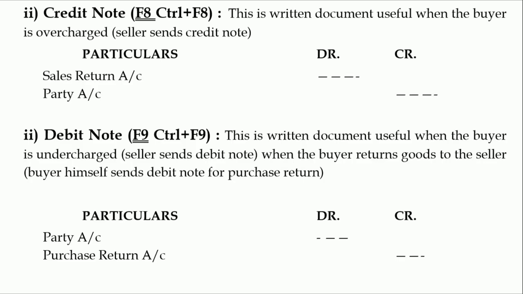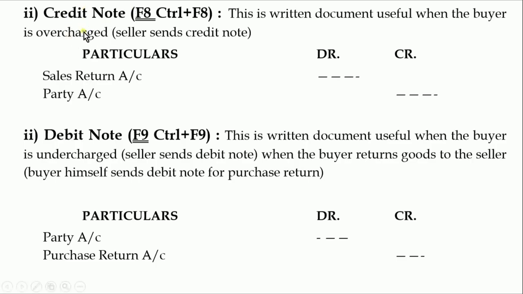Afterwards, I came to know I have taken maybe 1,000 rupees extra from the party, maybe from you. Then I have to return that amount, 1,000 rupees. And that returning process, I can take as a credit note.